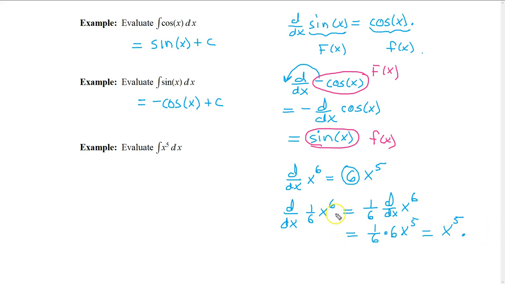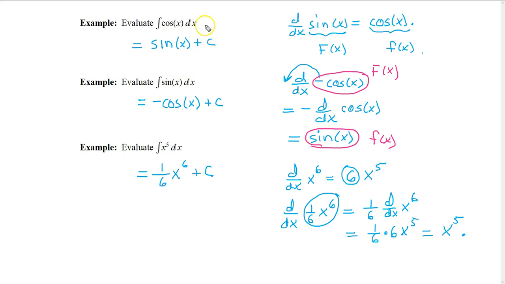And so now we have found an antiderivative for x to the fifth. So this is one antiderivative for x to the fifth. So that means that this indefinite integral of x to the fifth is going to be, and there we go. So this represents once again the family of all antiderivatives for x to the fifth.